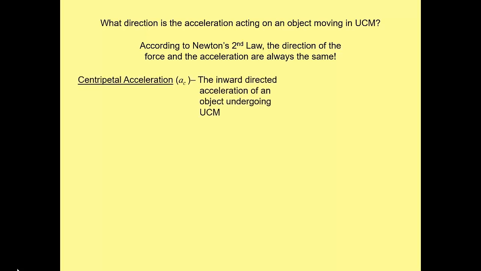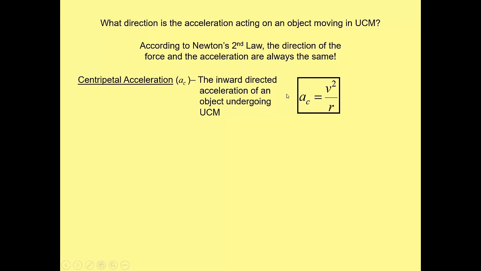And hence we call that a centripetal acceleration, a center-seeking acceleration, a with a little subscript of c, which is inward directed acceleration for something moving in a circle at constant speed. It has a magnitude, as we found earlier, of speed squared divided by the radius, and a direction that's inward. Now that's constantly changing when something's moving in a circle, but if you look at it at any particular point, you know that it's acting inward just like the force.